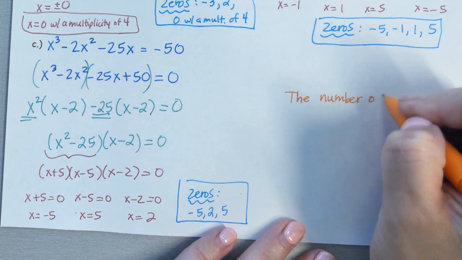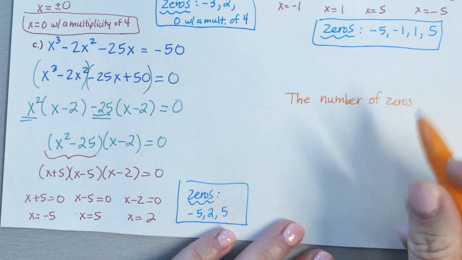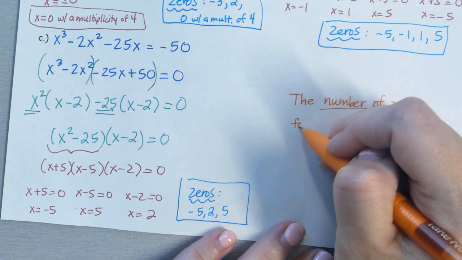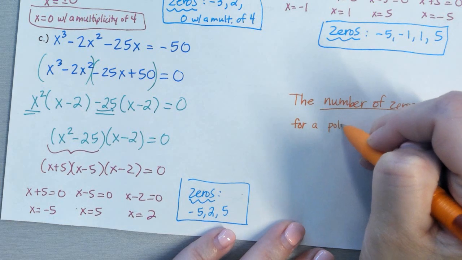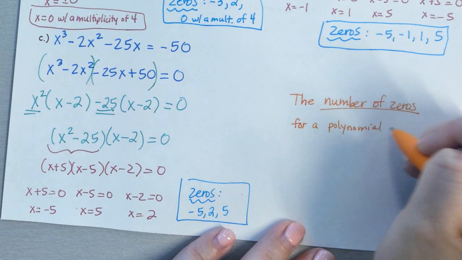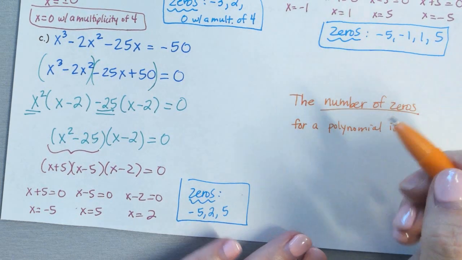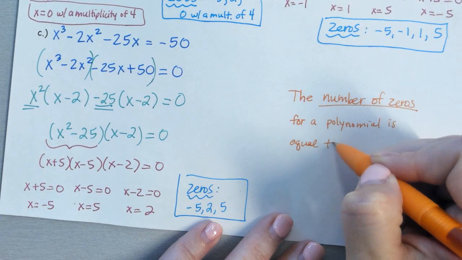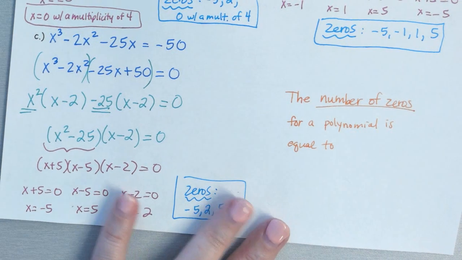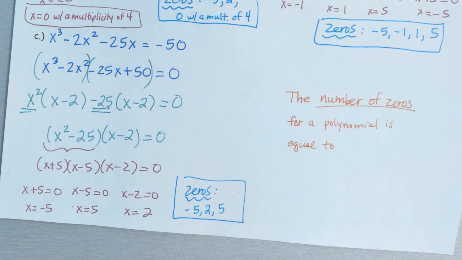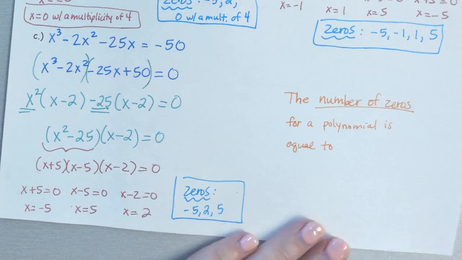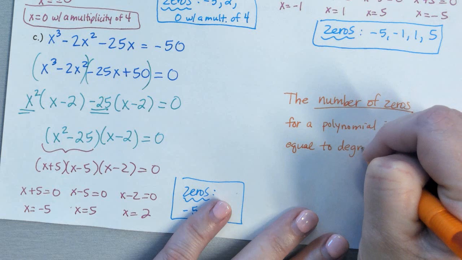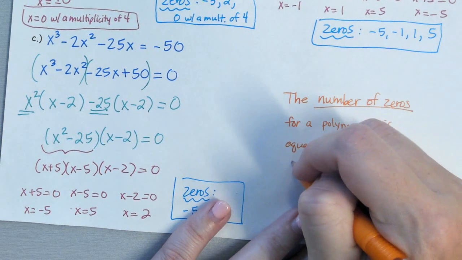The number of zeros for a polynomial is equal to, yeah, what is it? Highest exponent. Yes, which is the degree. Okay, so it's equal to the highest exponent or the degree of the polynomial.